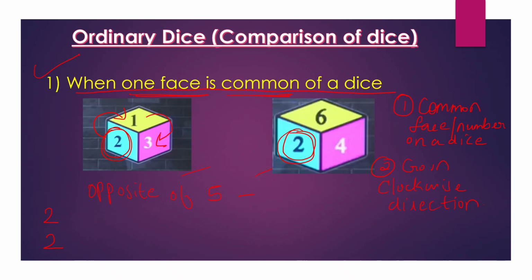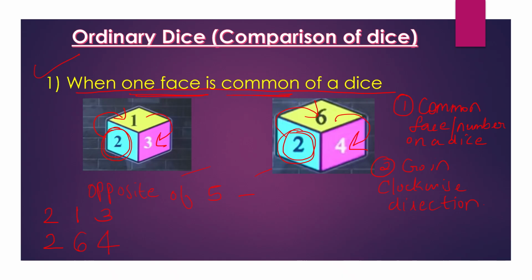From 2 I went to 1 in the clockwise direction, then from 1 to 3. In the second dice I do the same thing: from 2 I go to 6, then from 6 I go to 4.